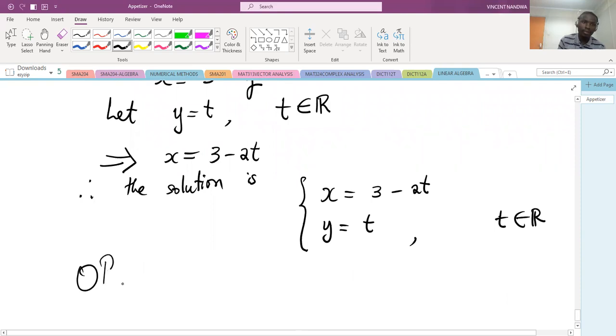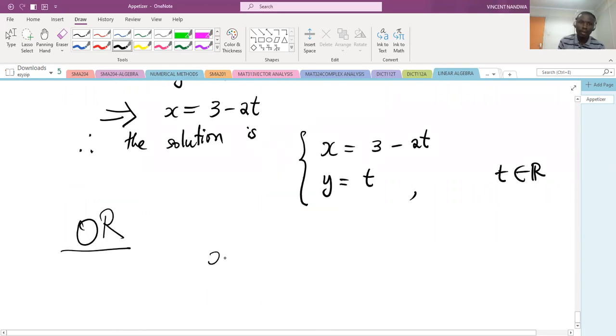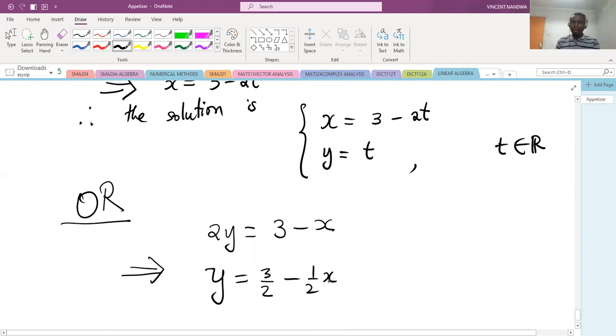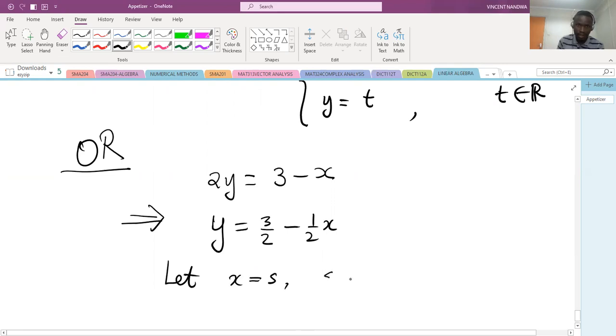So this is the solution to that given equation. Or if you don't want, you can as well make y the subject and say 2y from this equation will be given by 3 minus x, which means that y alone will be 3 over 2 minus a half x. With this, you let x be s, where this s is just a parameter, which is a real number.